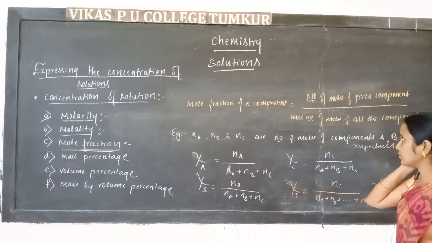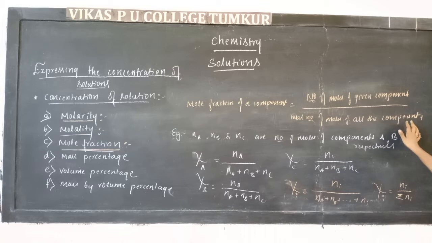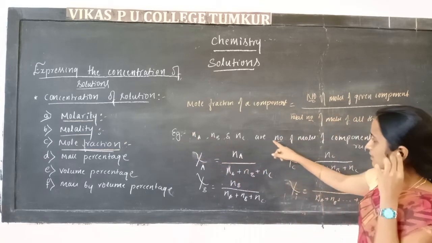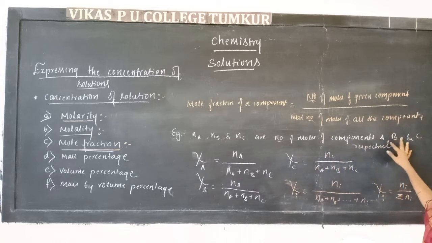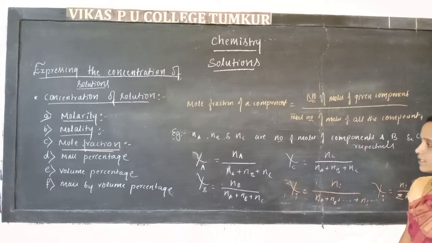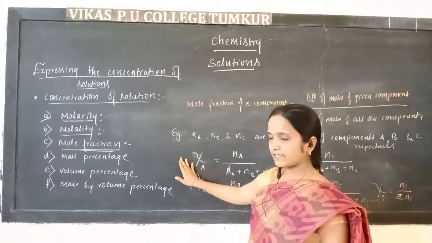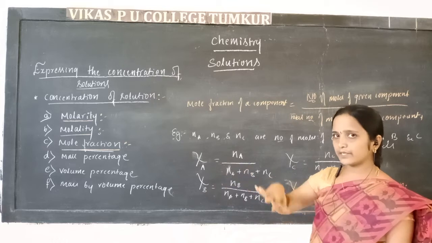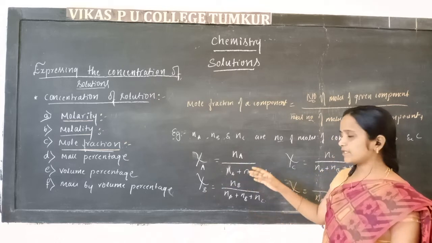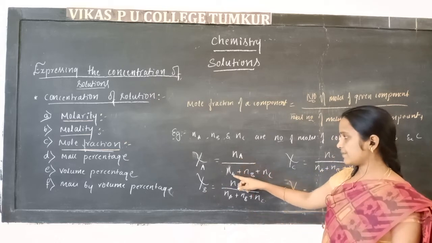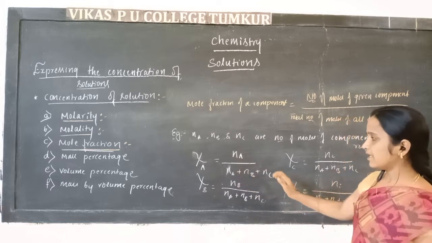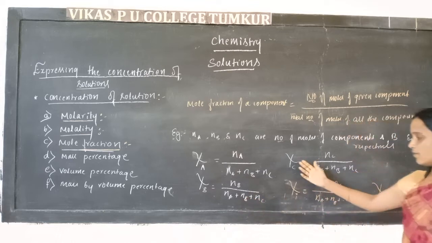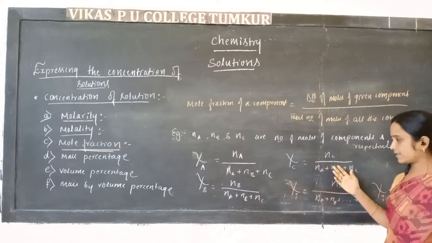For example, Na, Nb, Nc are the number of moles of the components A, B, C respectively. To find the mole fraction of the component A, it is the ratio of the given component to the total number of components present in the solution, that is Na divided by Na plus Nb plus Nc. Like that, the mole fraction of the component B and of the component C can be written.